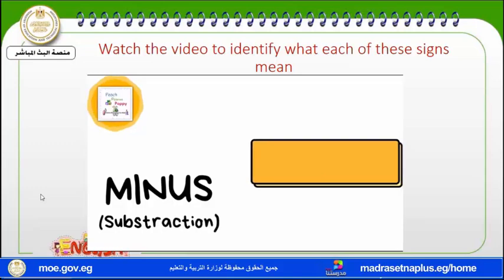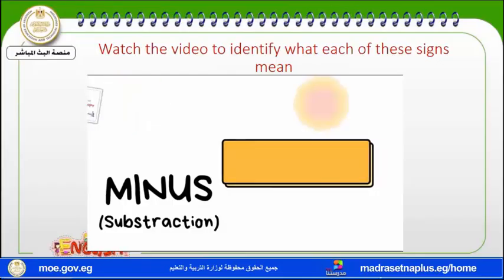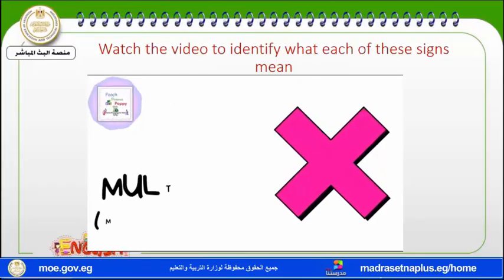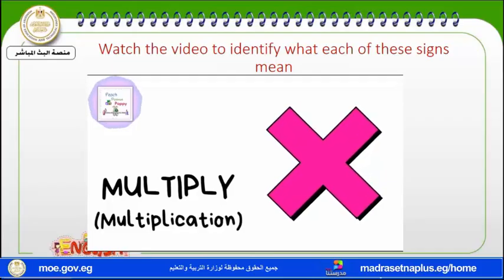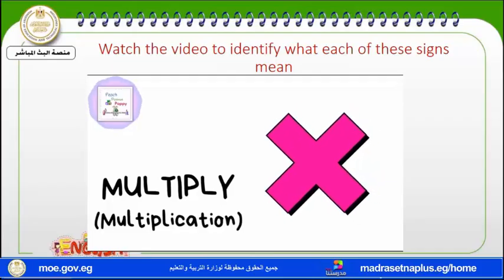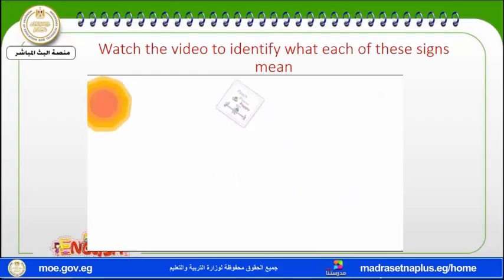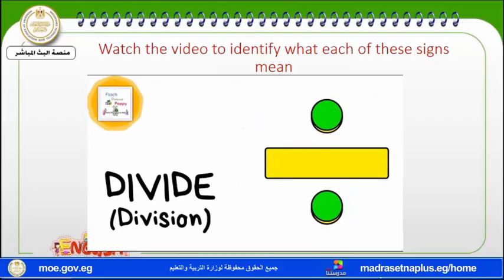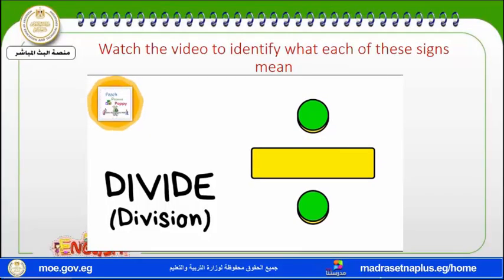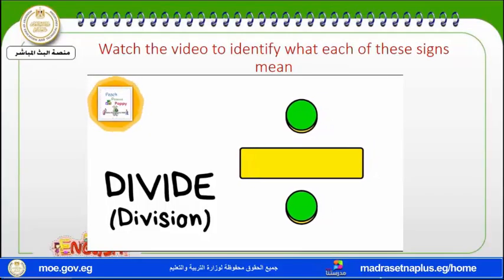Next is minus, which is also called the subtraction sign. Minus. Next is multiply, which is also called the multiplication sign. Multiply. Next is divide, which is also called the division sign. Divide.